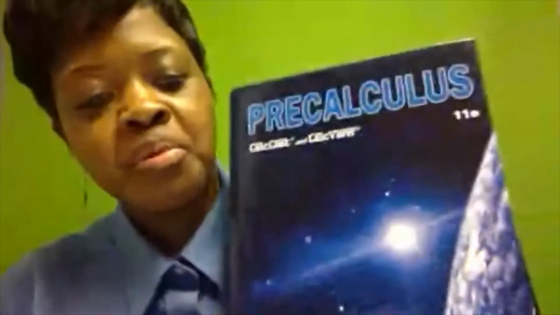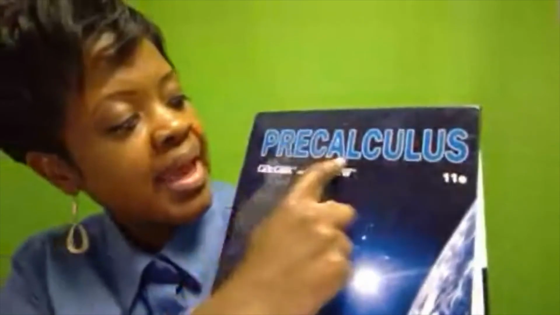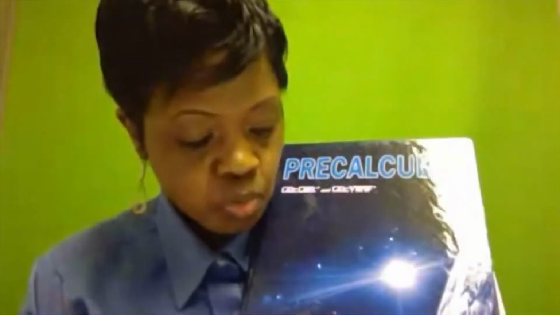All right. This is how your book looks. It's blue. It says Pre-calculus 11th edition. Ron Larson is your author. What I like about this book is they have a lot of resources.